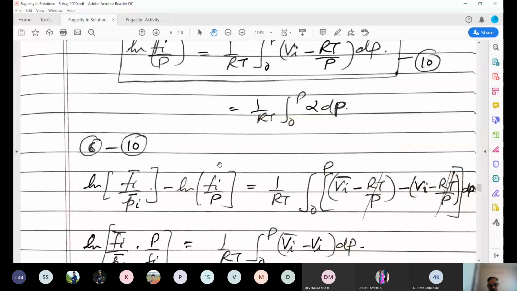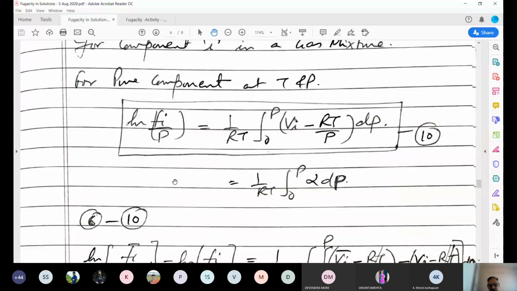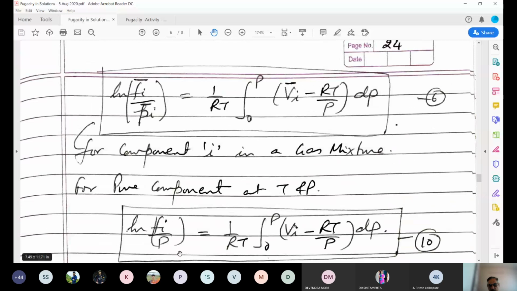Right? 6 was for solution and 10 is for pure component. And now we are trying to correlate the fugacity of component I in solution. How is it related to the fugacity of pure component I? Because pure component determination is easier. The solution is more complex.